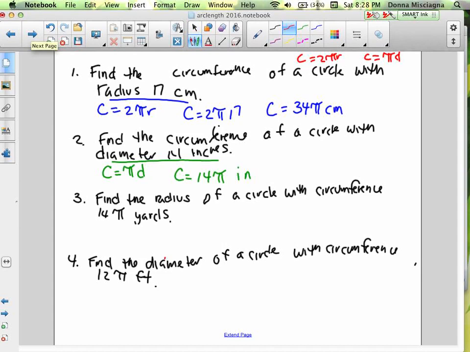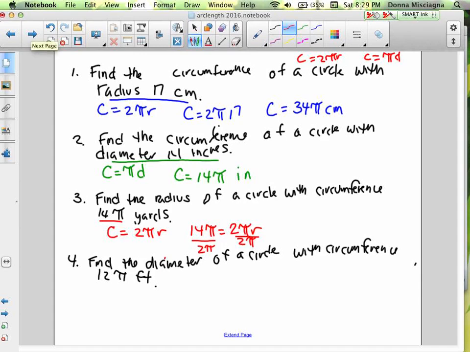All right, so let's solve this one. Since we're looking for the radius, let's use circumference equals 2 pi r. Since we know that the circumference is 14 pi, let's replace C with 14 pi. That gives us 14 pi equals 2 pi r. Now we want to divide both sides by 2 and by pi.